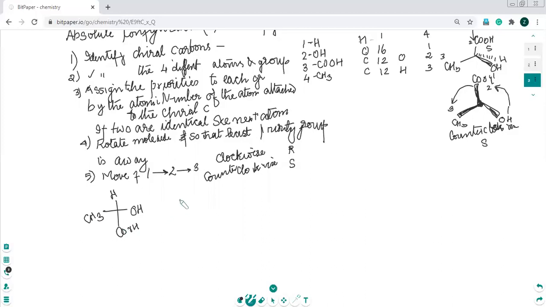The actual molecule is looking like this. This is the actual molecule from a Fischer projection. So you can see the hydrogen is already behind. So you just have to draw it like this. CH3. It is very easy.